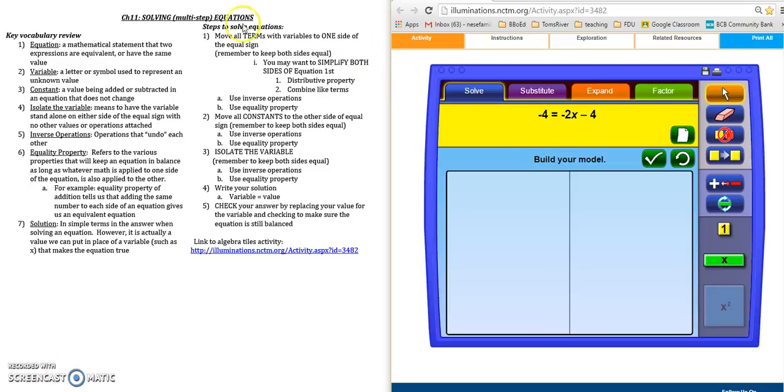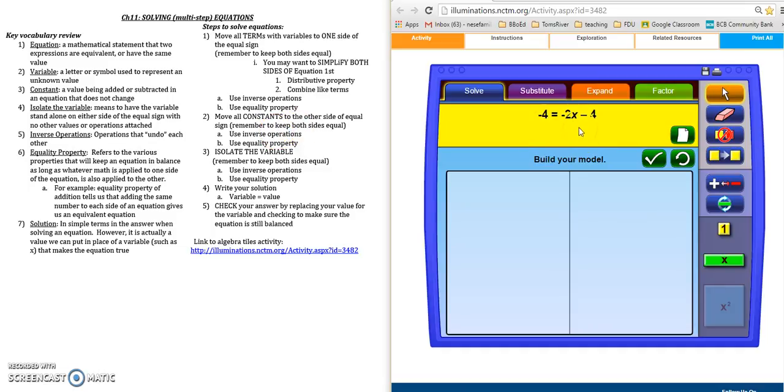So on this side for a review, I've listed the main steps in how to solve an equation. First, you want to check to make sure that all terms with the variables are on one side of the equation. So if we look here, we have a -4 on one side, -2x minus 4 on the other. All variables are on one side. The next step, step 2, is to make sure we move all constants to the other side, move them away from the variable.